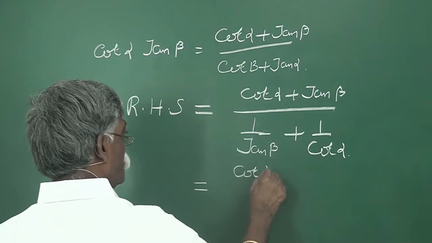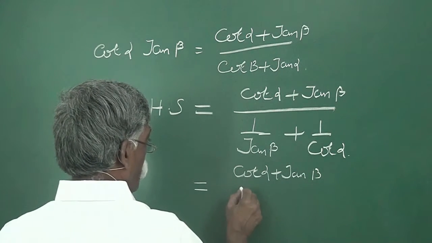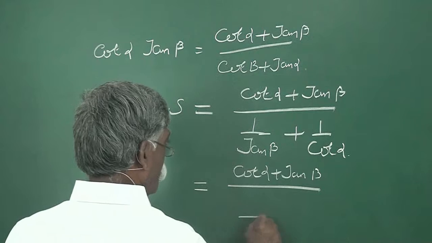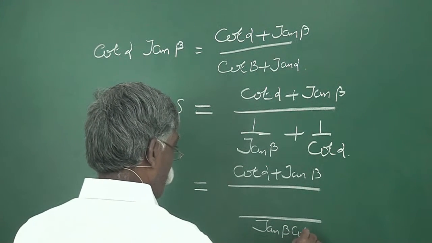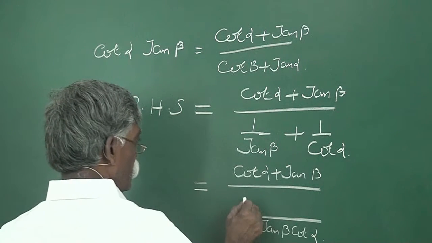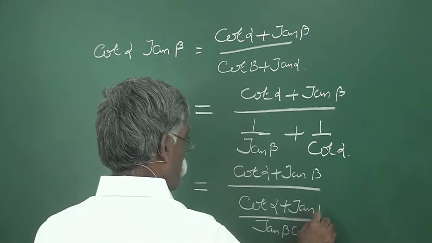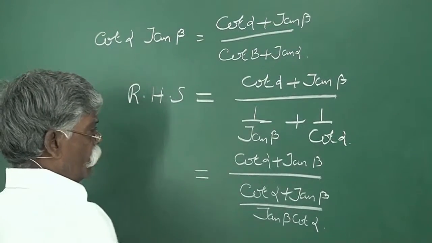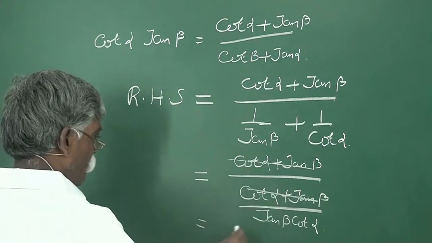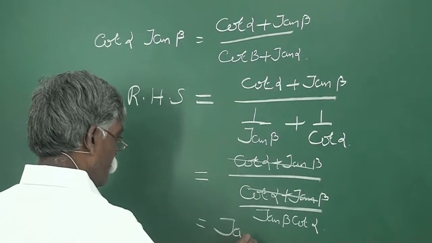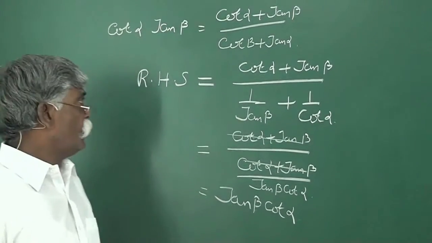So the numerator is cot alpha plus tan beta. In the denominator, if we take tan beta and cot alpha as LCM, in the numerator we will get cot alpha plus tan beta. Now these two things get cancelled. Therefore this is nothing but tan beta into cot alpha.